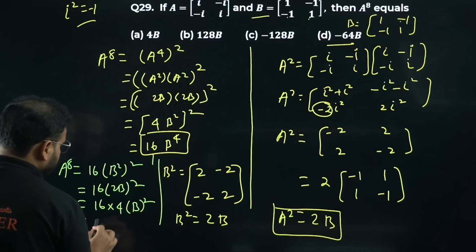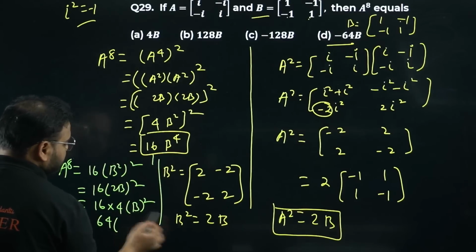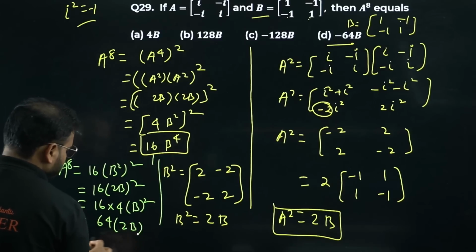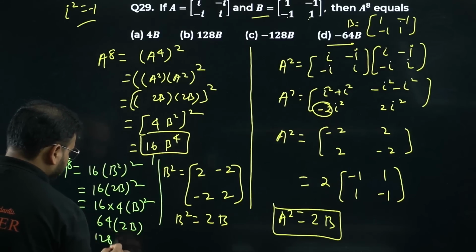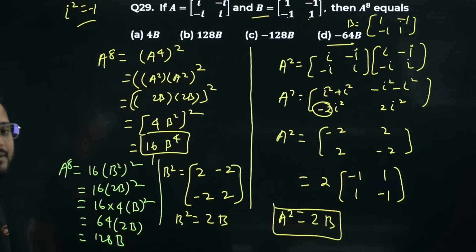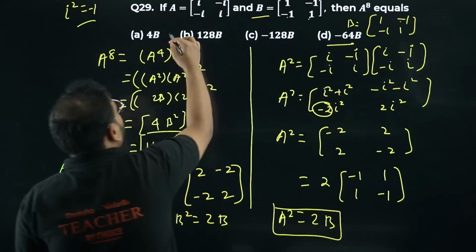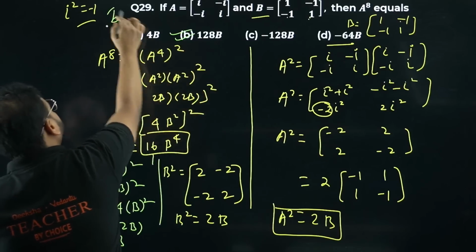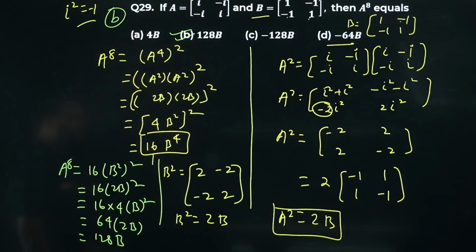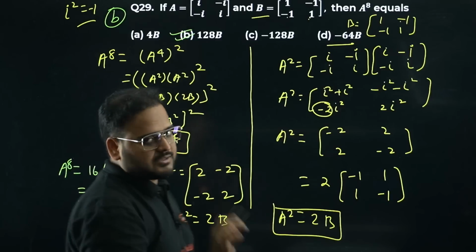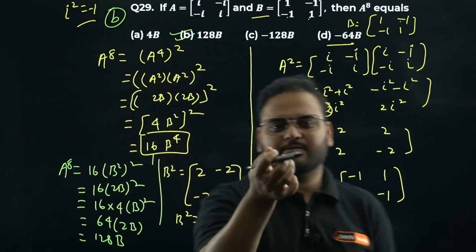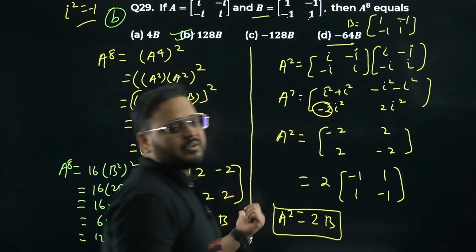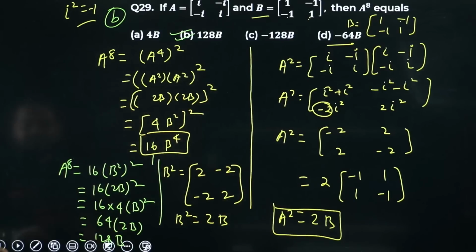How much is that? 64 into, what is B square, again 2B. So I get here 128B. Option is B. It's a good question. Simple, but a good question. Little bit calculative, you have to find A square ones and B square ones. Question number 29 is done.